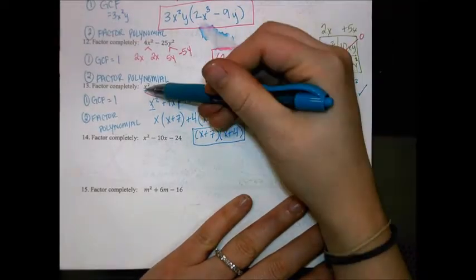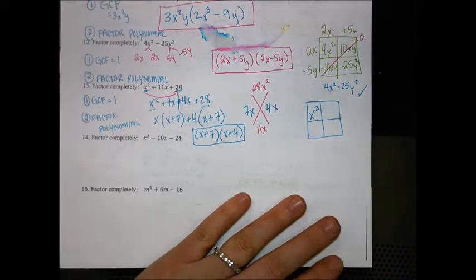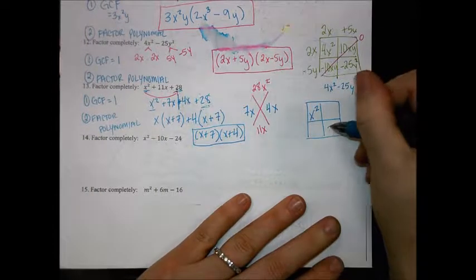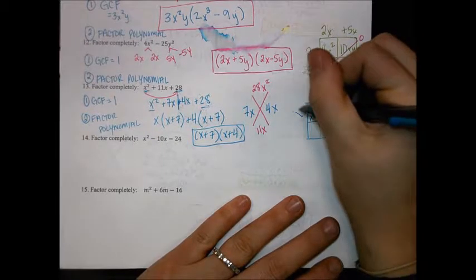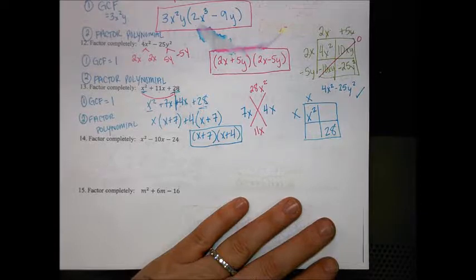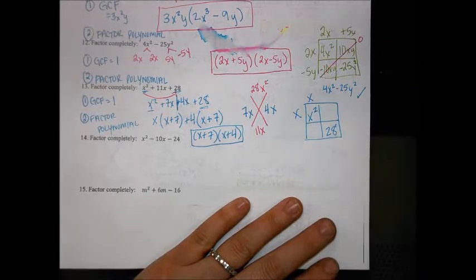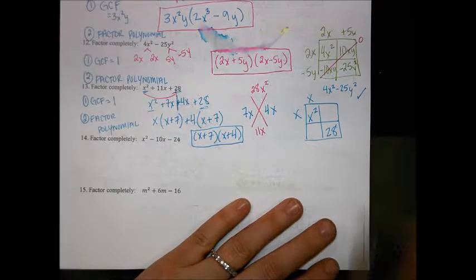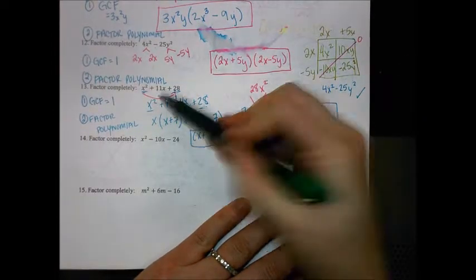For the area model, I put my first term in my top left box and my last term in my bottom right. I know that x times x gives me x squared, and there's a lot of different numbers that can multiply to give me 28. So I need these two that are diagonal to add up to my middle term.